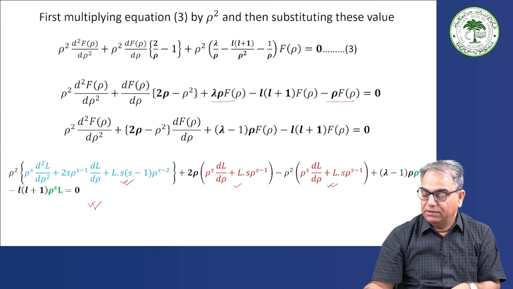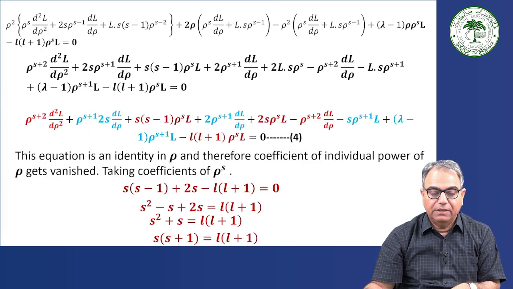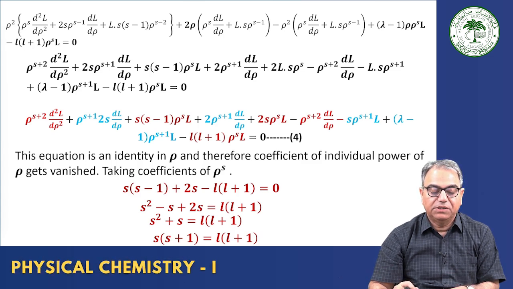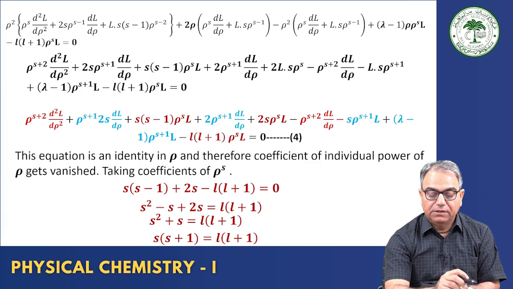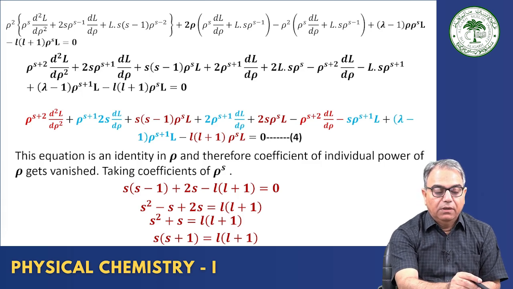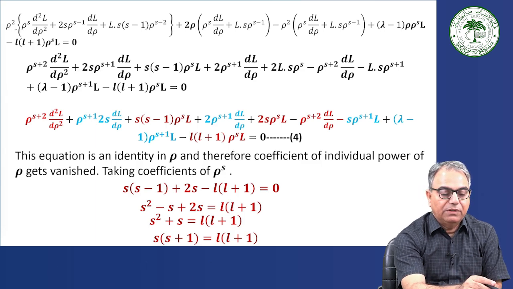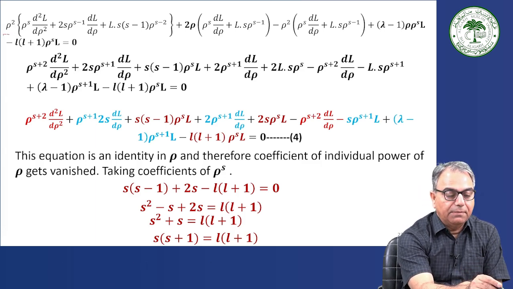We can again look at this slide, and if you rearrange this slide again and combine the different terms, what you can write is this equation. So, you see rho raised to s plus 2 d square L by d rho square. The first term, I will not go for every term, you go and see, and finally what you get is, look at this term, the first term.